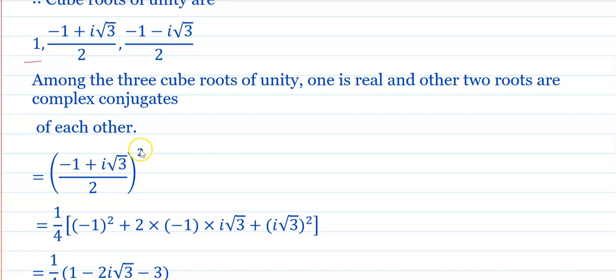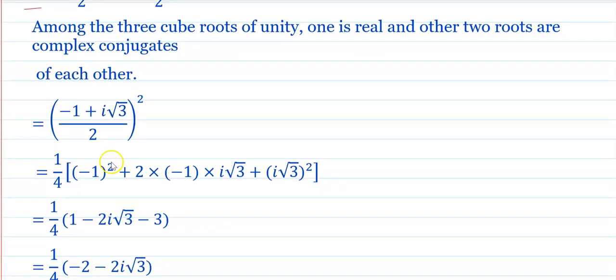Now here the bracket square म्हणजे काय तर 2 square, that is 1/4. हा 1/4 आपण बाहेर घेतलेला आहे. minus 1 plus I root 3 याचा bracket square करणार. Minus 1 square plus 2 times minus 1 into I root 3 plus I root 3 bracket square. Now minus 1 square means what? 1. 2 into minus 1 plus I root 3. It's a product किती येणार? Minus 2 I root 3.